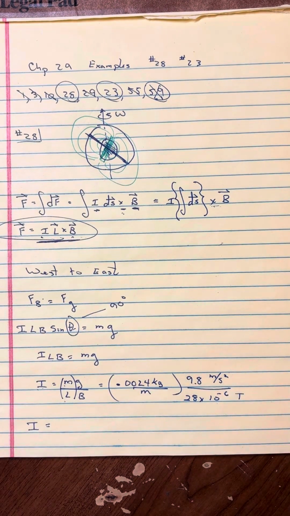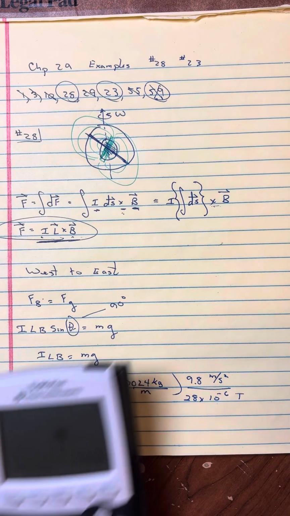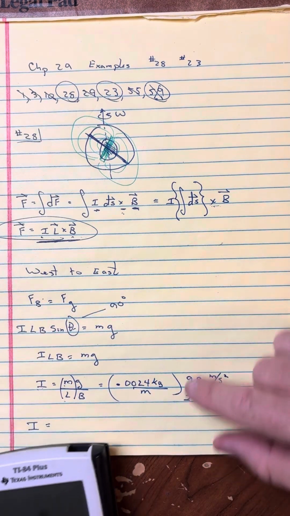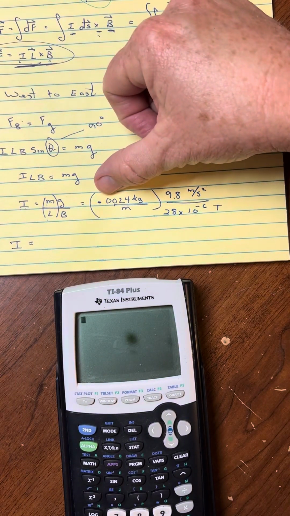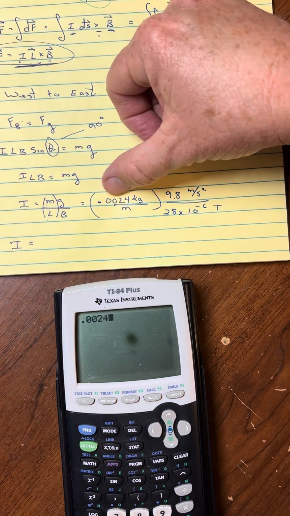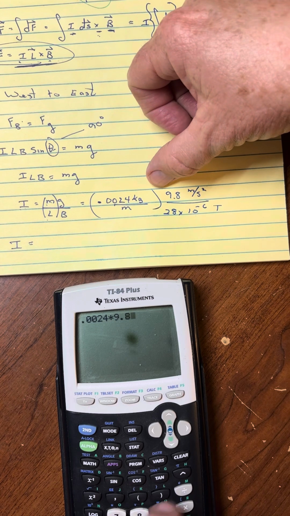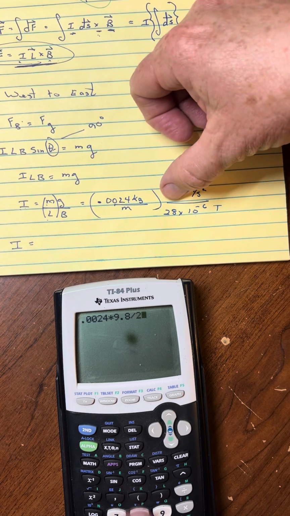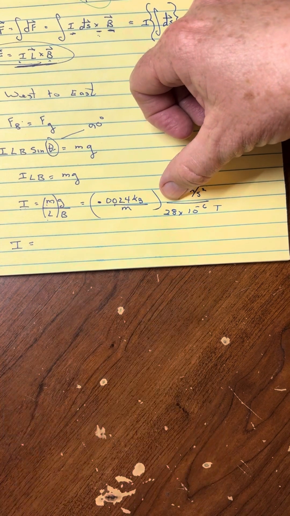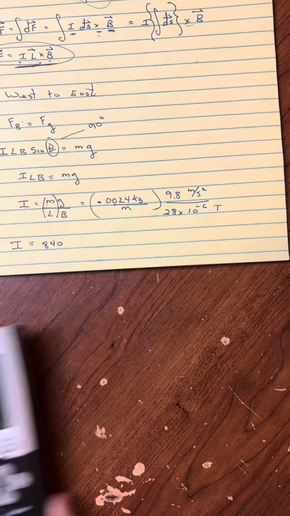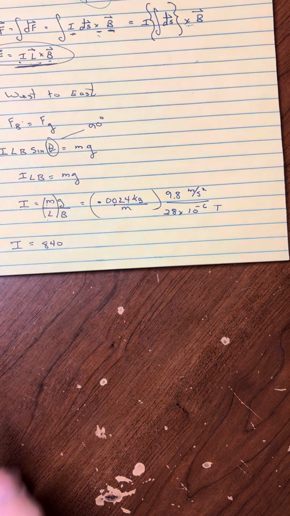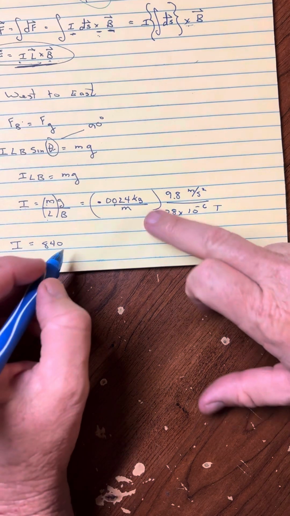And so grabbing a calculator, let me put in those numbers. 0.0024 times 9.8 divided by 28 micro, and I get 840. And this should come out to be amps, probably worth checking.